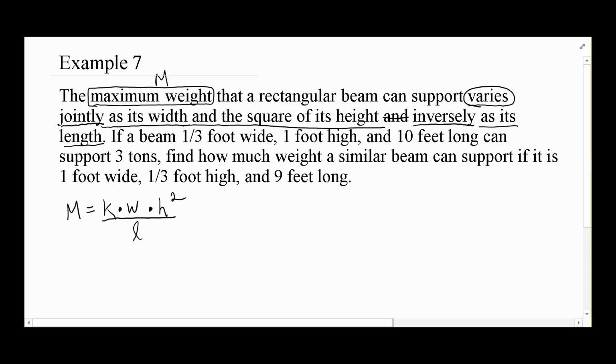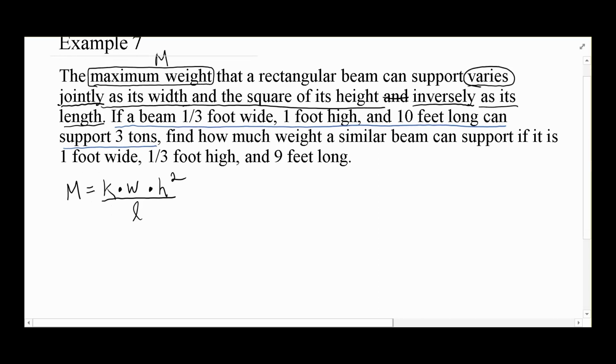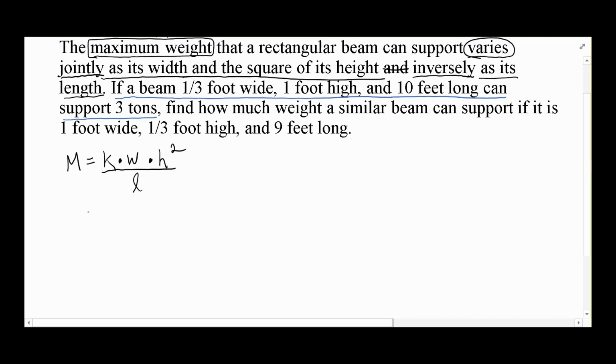So there's our first step. We've translated what was in words into an equation. What we expect to have happen next is one full set of information. And there it is. We're told that we have a beam that's 1/3 foot wide, so that's the width. I'm going to put a 1/3 in here.